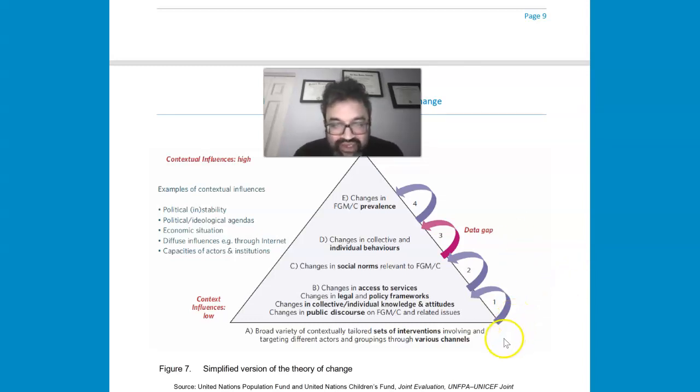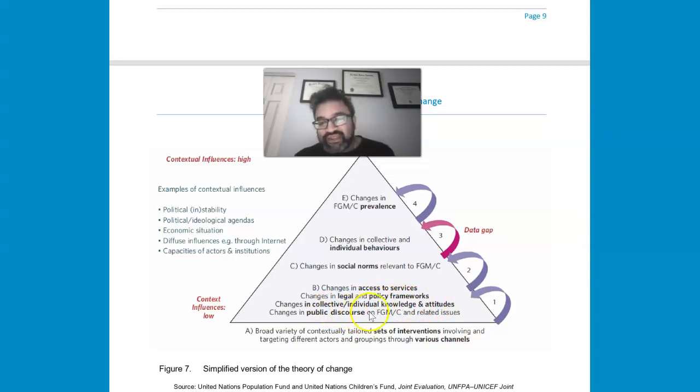If you start at one, a broad variety of contextually tailored sets of interventions involving and targeting different actors and groupings through various channels, that leads to changes in access to services, changes in legal and policy frameworks, changes in collective and individual knowledge and attitude, changes in public discourse.